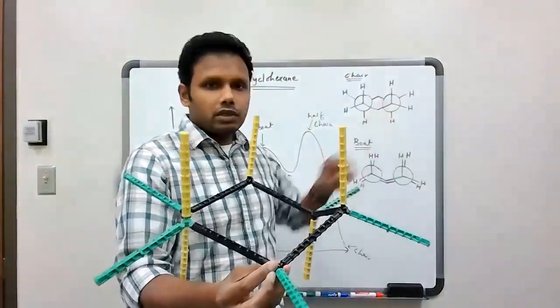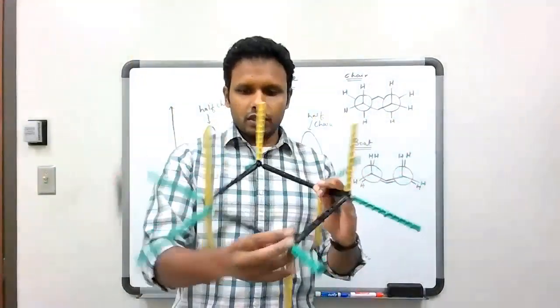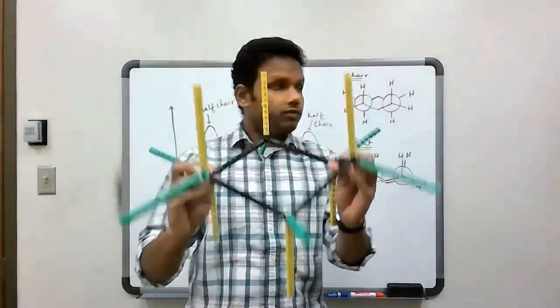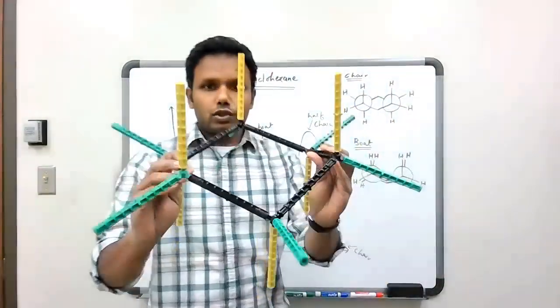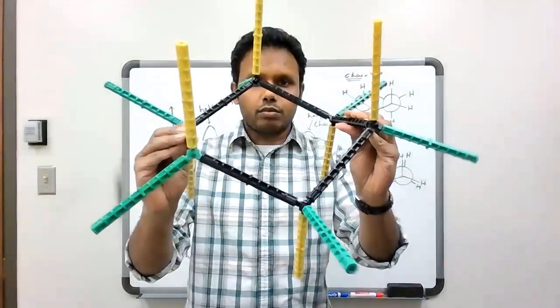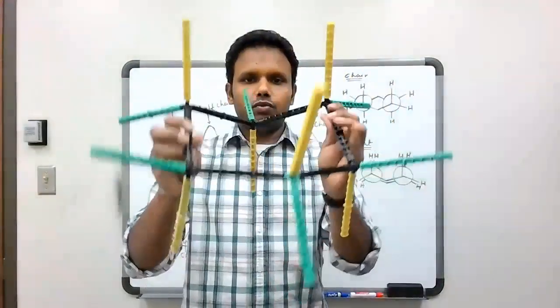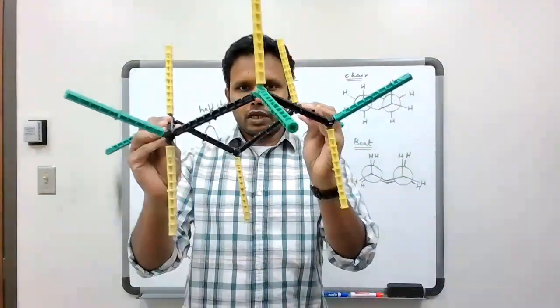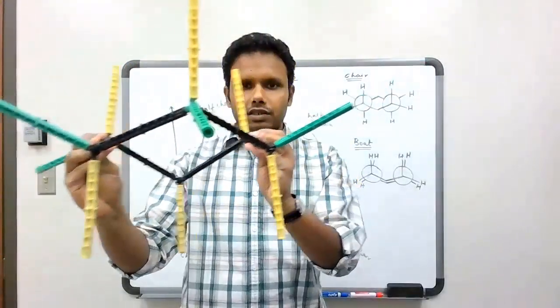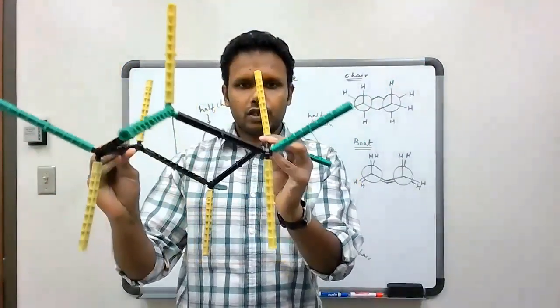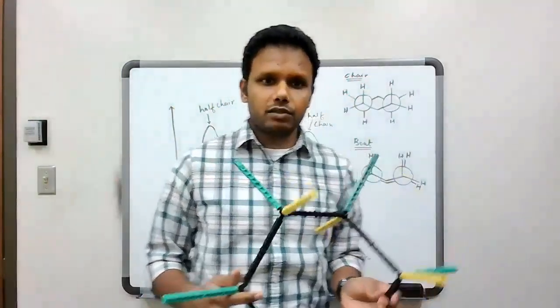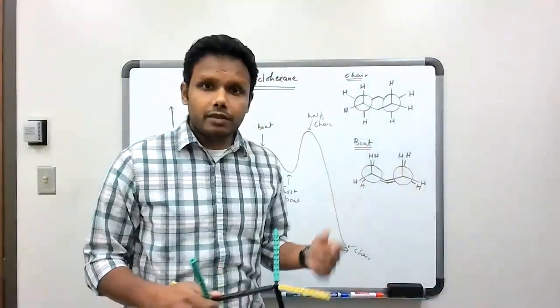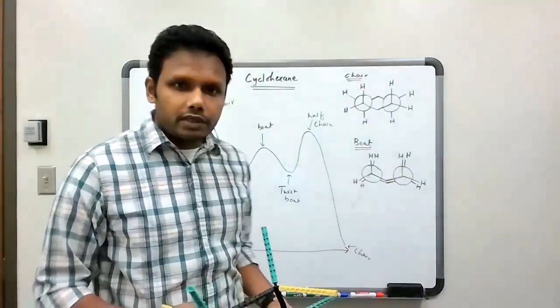So you're looking at two carbon-carbon bonds, and every group here is staggered. It's not just along this carbon-carbon bond. It doesn't matter which carbon-carbon bond you look at, every group is staggered in a chair conformation. And so that basically explains the exceptional stability of cyclohexane.